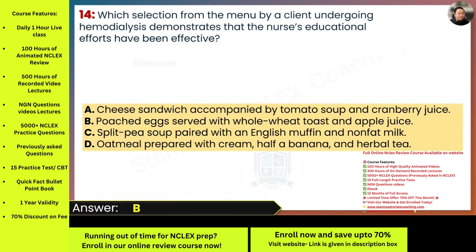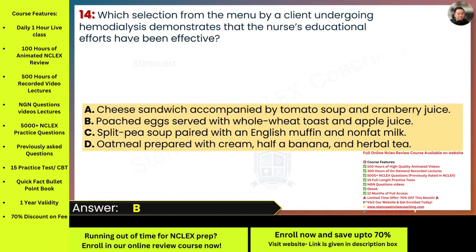And we have letter C, split pea soup paired with an English muffin and non-fat milk. With a split pea soup, this is a no-go because legumes contain lots of potassium. And the non-fat milk is also high in phosphate, which can contribute to bone disease in dialysis patients.